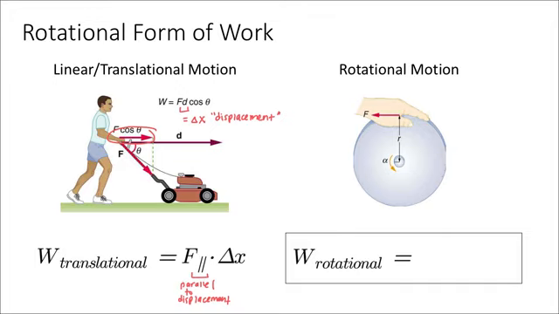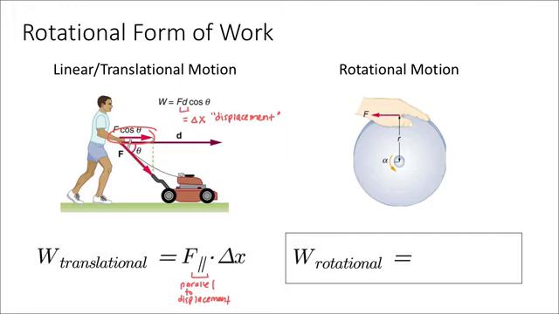And so in the very same way, for rotational motion, in order to change the amount of rotational kinetic energy an object has, we need to apply not a force, but a torque to it over a certain displacement. On the right, for example, you have a wheel, and someone's spinning it with their hand. They're pulling on the wheel, moving their hand on the edge of the wheel, trying to get it to start spinning.